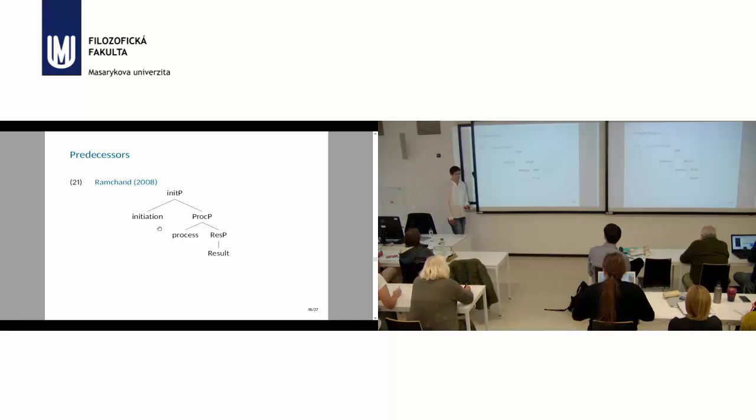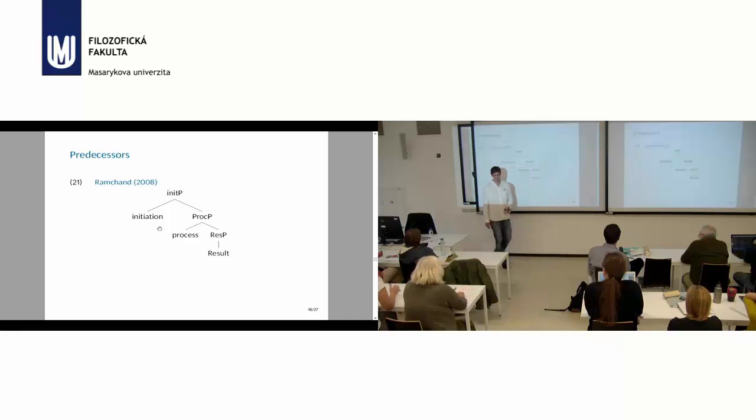So there's already a work by Gillian Ramchand, which is very well known in the circles that also speak about S-roots. And what Ramchand did was she tried to provide an account of various types of verbs. Okay? So when you look at verbs as a lexical category, there's various types of verbs.